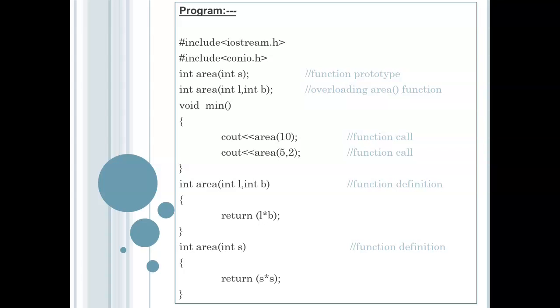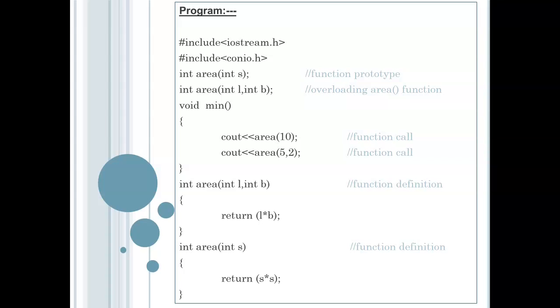Now, in the main function, in the second statement, I am calling the area function in cout. That means I am calling the area of rectangle. So again, the compiler will check for the area function with two parameters. Control will jump to the function definition.